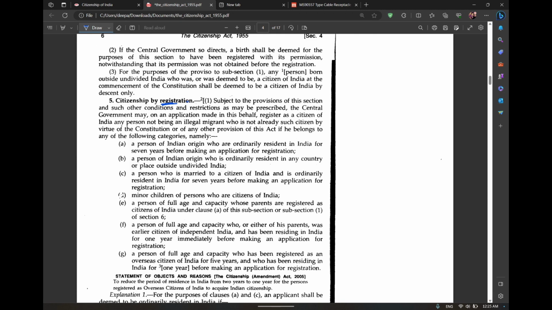A person who is married to a citizen of India and is ordinarily resident in India for 7 years before making application for the registration.